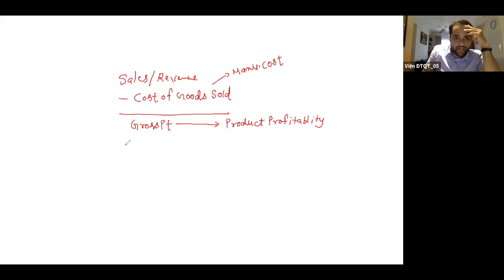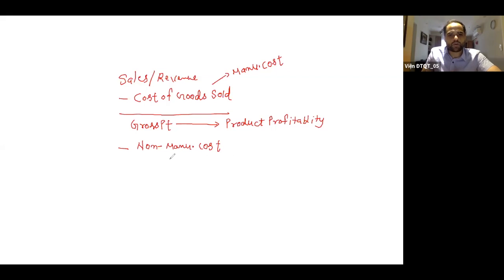So gross profit minus non-manufacturing cost. Any other kinds of cost which are non-manufacturing: marketing, advertising, could be research and development, could be distribution, packaging, labeling, transportation.